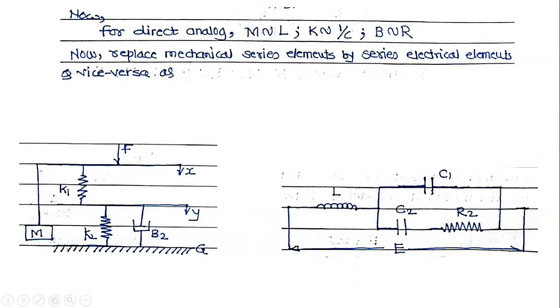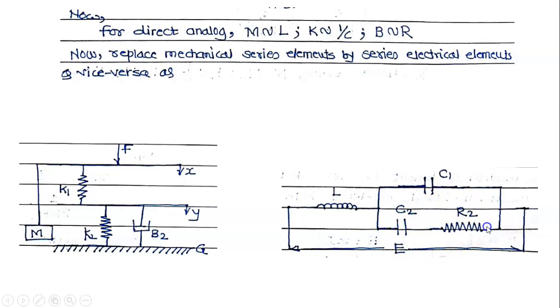See that mass M is equal to L. Mass M is in series with all these three elements. Therefore, this inductor L should be in series with these three elements. K1 is replaced by C1. K2 and B2 are in series. Therefore, K2 is equal to C2 and B2 is equal to R2, and they should be shown in series.